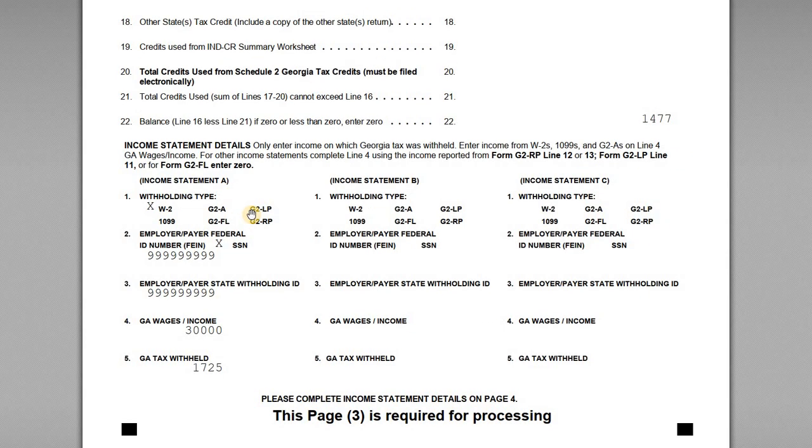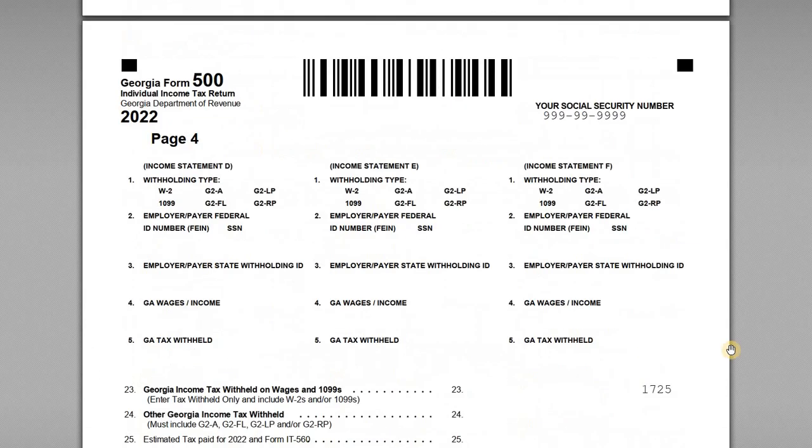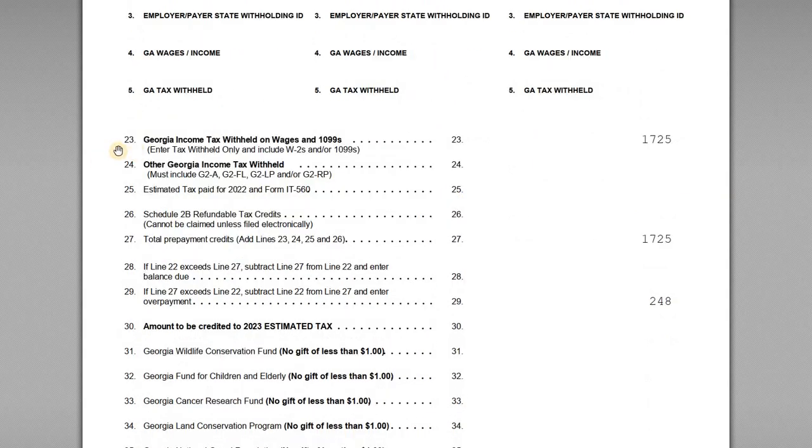So the income statement details here input the information from our W-2 that shows the amount of Georgia wages and Georgia tax withheld. So the $30,000 here from that company A, the amount of withholding they took out of her paycheck for Georgia tax purposes was $1,725. And so we can see line 23 here, the total amount of Georgia income tax withheld on wages, so W-2s and or 1099s, $1,725.